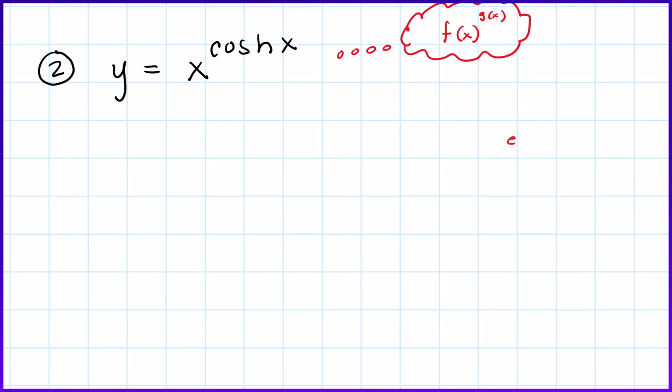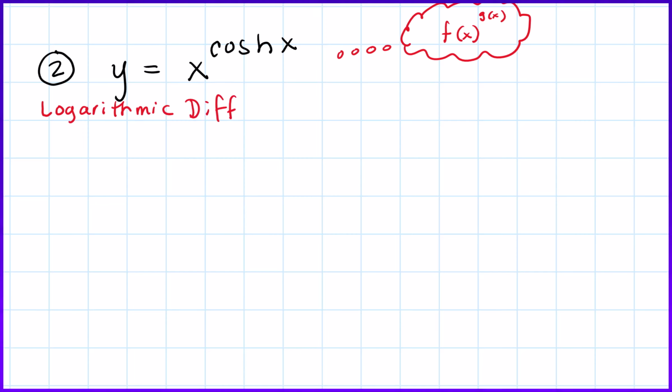This is actually a function raised to a function, where both the base, x, is variable and the power, the exponent, is variable. And so we actually have to do a little bit of work here. We have to get this into a form that we can use a derivative rule on. To do this, we can use a process called logarithmic differentiation.